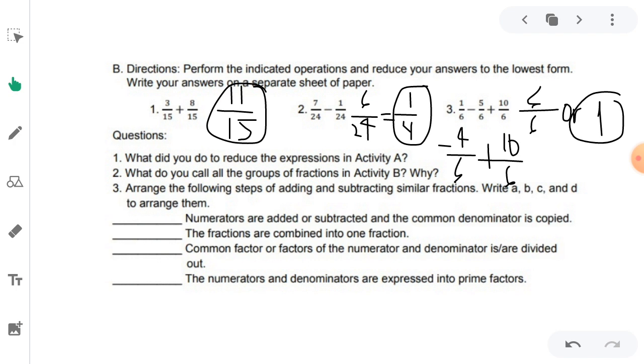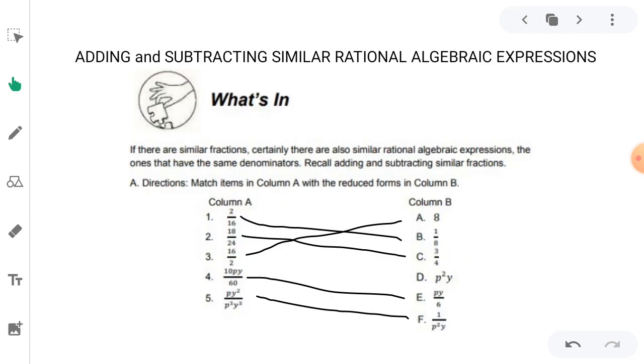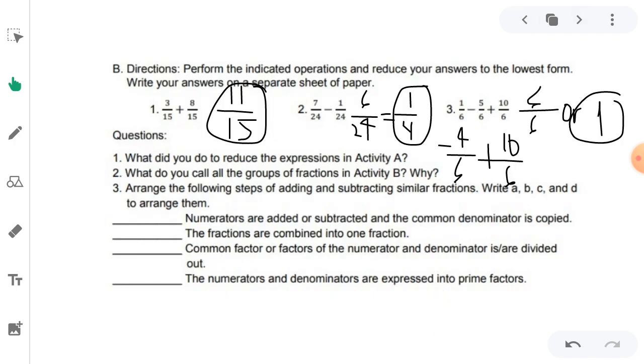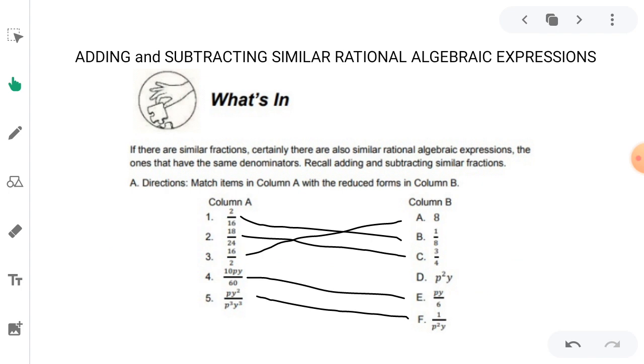So, the question is, what did you do to reduce the expressions in activity A? So that you have your answer written, please pause the video, or replay it, or preview it so you can write what I said. What did you do to reduce the expressions in activity A? So, this is our activity A. What we did was simplify into lowest term.